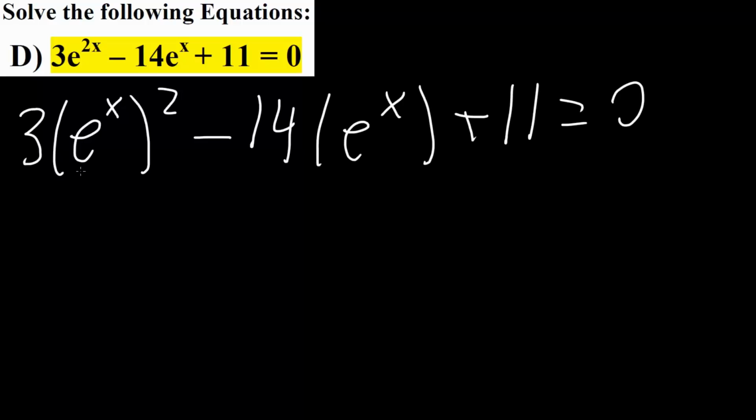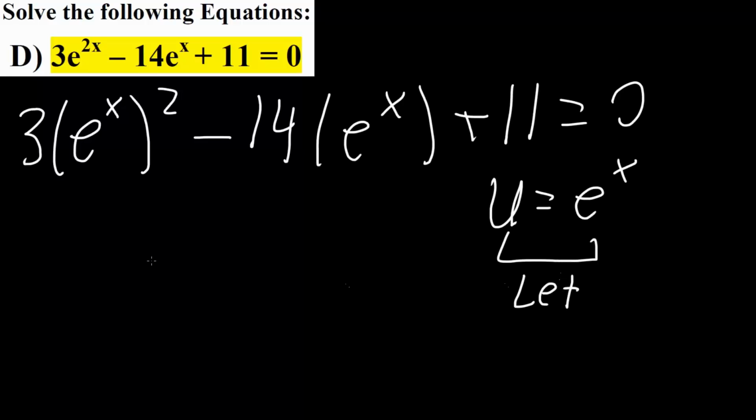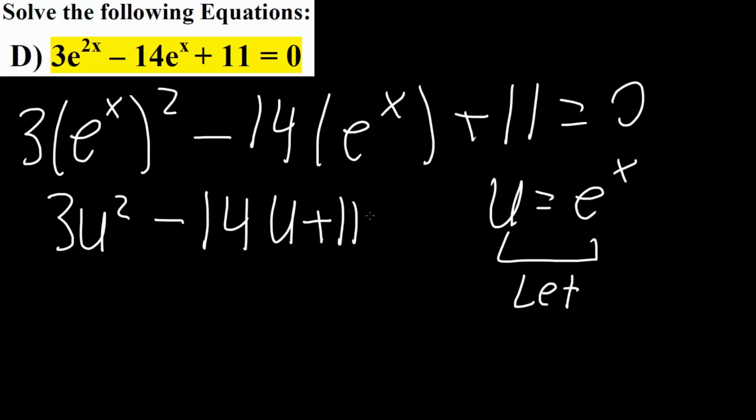And instead of writing e raised to x, what if we say that u is equal to e raised to x? We're just going to let this, and at the end we will replace. And so we would get 3u squared minus 14u plus 11 is equal to 0.